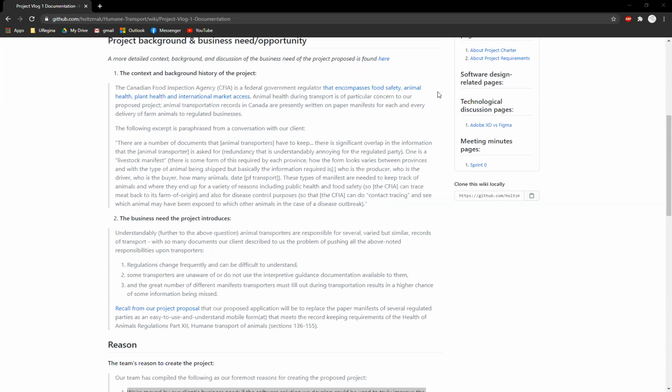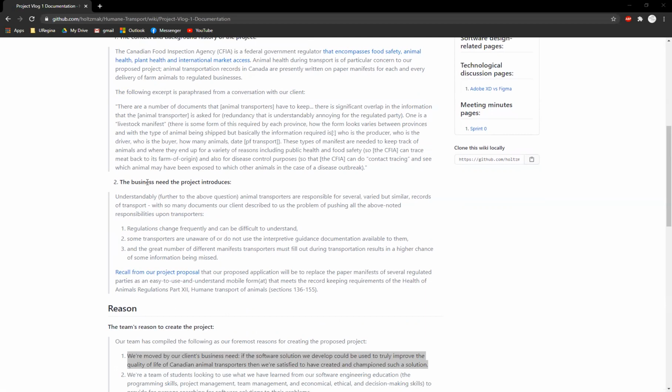So they're handwritten, they're printed, they're not digital. So the problem we have right now is a lot of the information is actually repeating. Some of the information is actually hard to understand for a lot of transporters. So our job here is to create something that can be easily used by transporters and the information can be collected without data redundancy. And yeah, it can be used by CFIA and other industry partners.